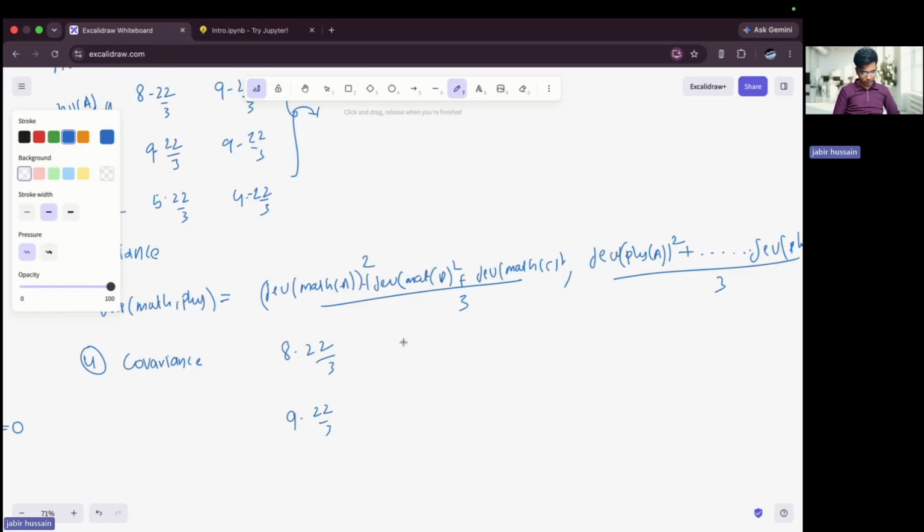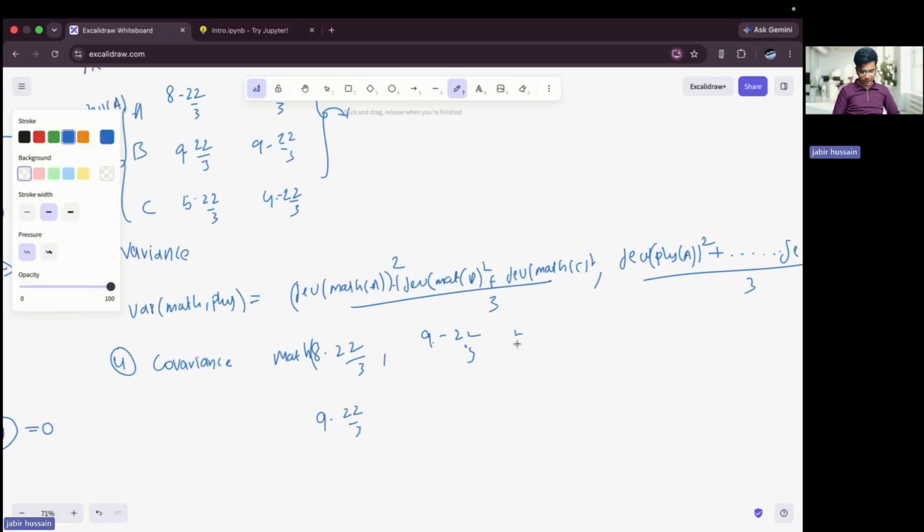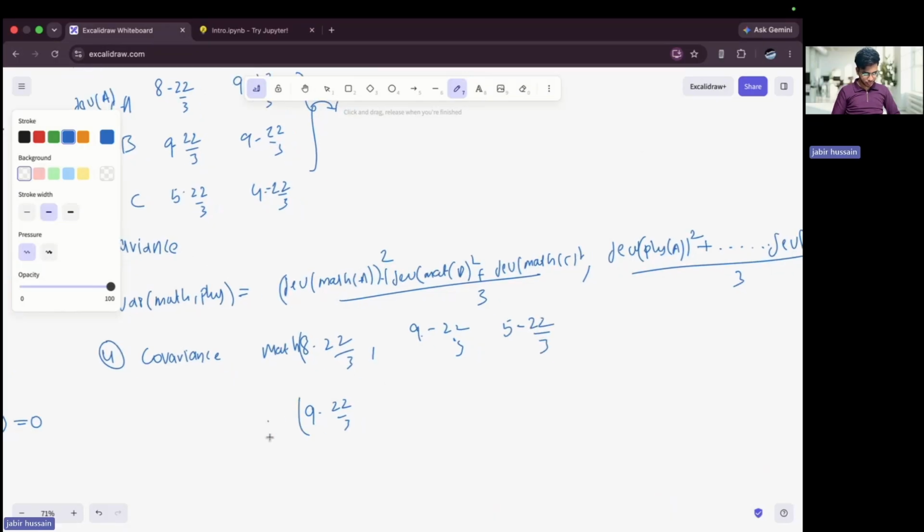Similarly, I'm just writing math marks first, right? Math marks: 9 minus 22 divided by 3, and 5 minus 22 divided by 3. Similarly, if I write physics marks here, then 9 minus 22 divided by 3, 4 minus 22 divided by 3.